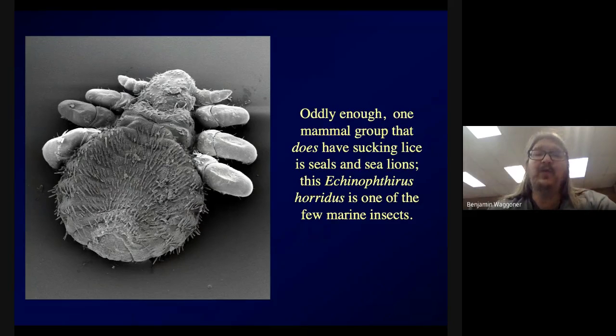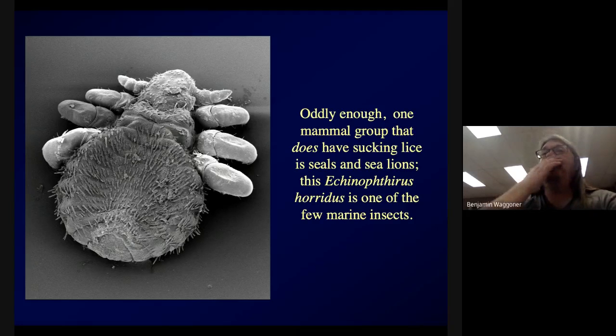And one thing that was really cool when I found this out is that you might not think that marine mammals would be prone to getting sucking lice, because not only does a sucking louse have to hang on very tightly to its host, but marine mammals are constantly diving.